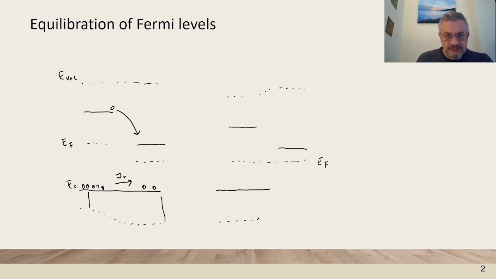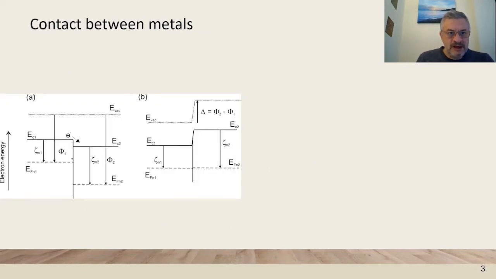When electrons are homogeneous, then the Fermi level is the same at every point. So starting with two materials, we are interested to find the equilibrium picture in which there is no net current in any direction. Now, this is an example of a metal in which the one at the right originally has a larger work function, and then when they come to equilibrium, they build a very small dipole layer, which is a charge separation right here.